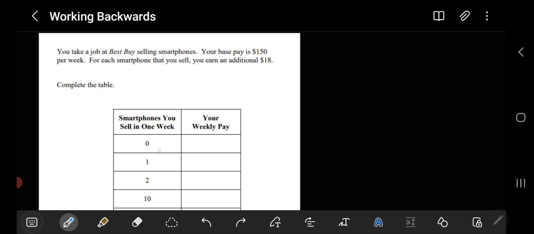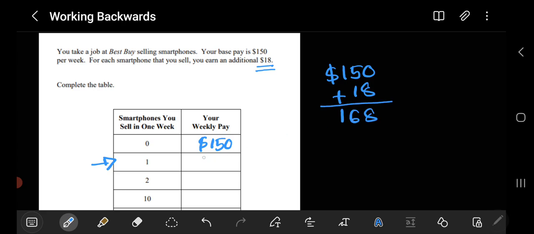If you do not sell any smartphones, your base pay is 150, so your weekly pay will be 150 because you did not sell any smartphone. Now, if you sell one smartphone, you earn an additional $18 added to your weekly pay. So you will be making 150 plus 18, which gives you 168.